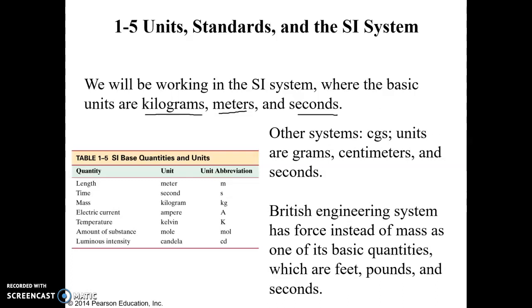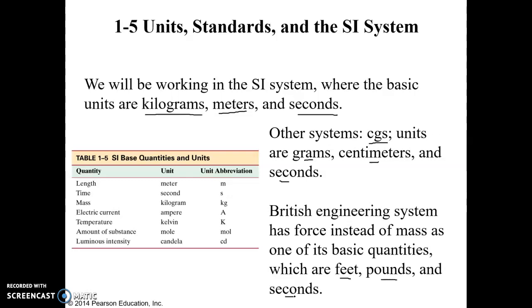Other systems include the CGS, which is basically a variation on the metric system that uses smaller units: grams instead of kilograms, centimeters instead of meters, and seconds are still the same. And then the British engineering system, or the English or imperial systems of measurement, have feet for length, pounds, which is technically weight, not mass, and seconds.